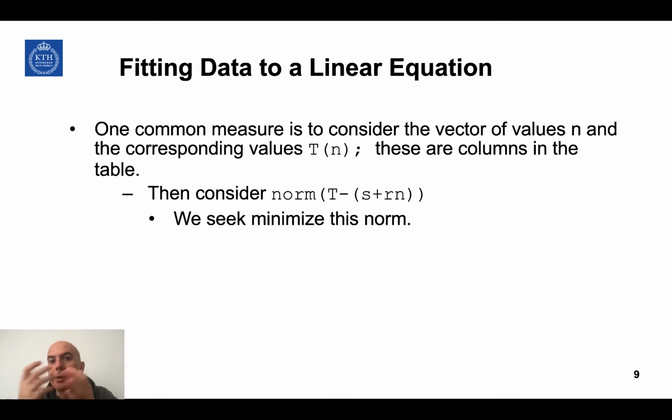These are the columns that we saw in the previous table, right? And then we consider the norm of t minus (s plus rn), and we seek to minimize this norm by a technique called least squares or best fit.